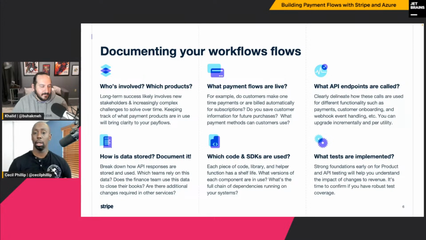Am I going to take cash maybe? Am I going to do in-person payments, online payments? What are the services that I'm using on the back end? How can I test my workflows? What SDKs am I using? How do I document it? All these different things that we think about as we try to consider what exactly these workflows are, what are these steps that we have to take to actually get to our desired outcome?